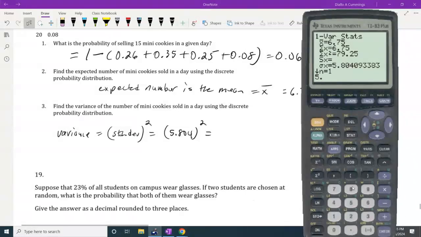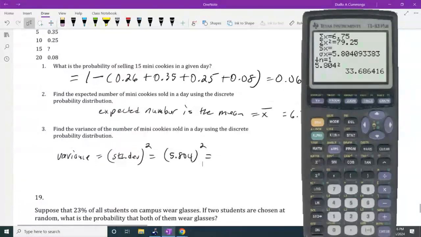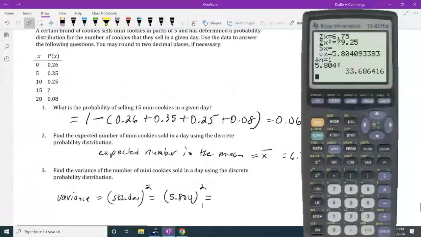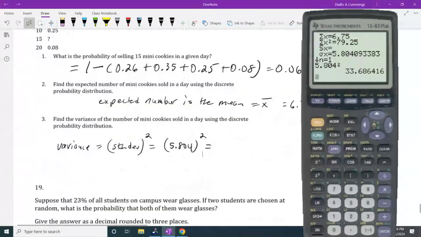So 5.804 is the standard deviation. I'm going to square that, and now that gives me the variance, which is 33.69. Yeah, 2 decimal places. 33.69.